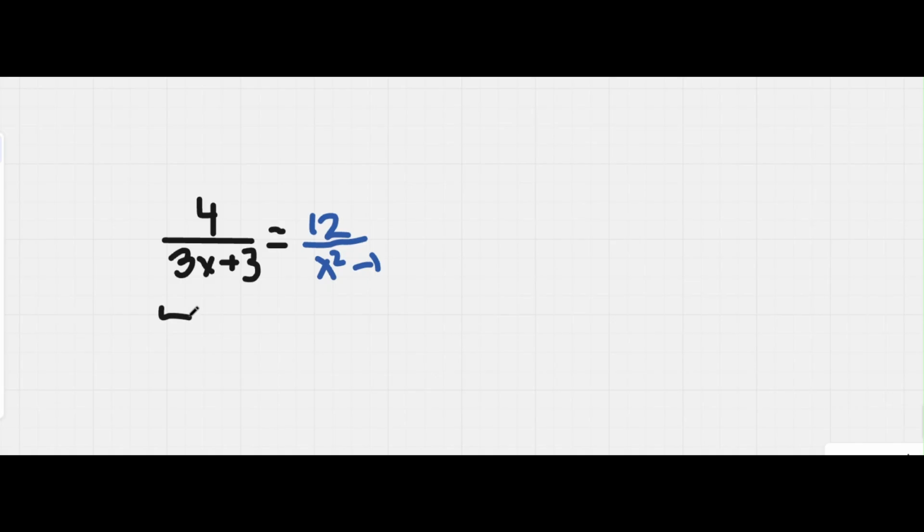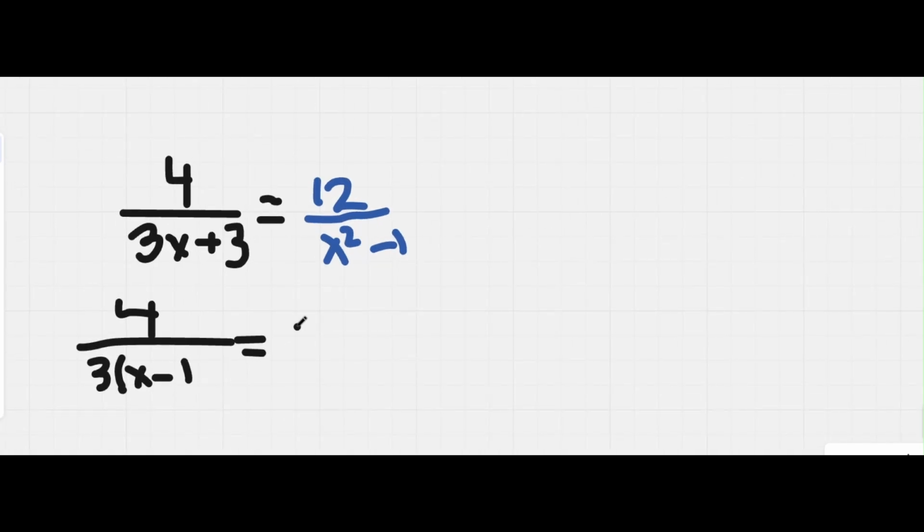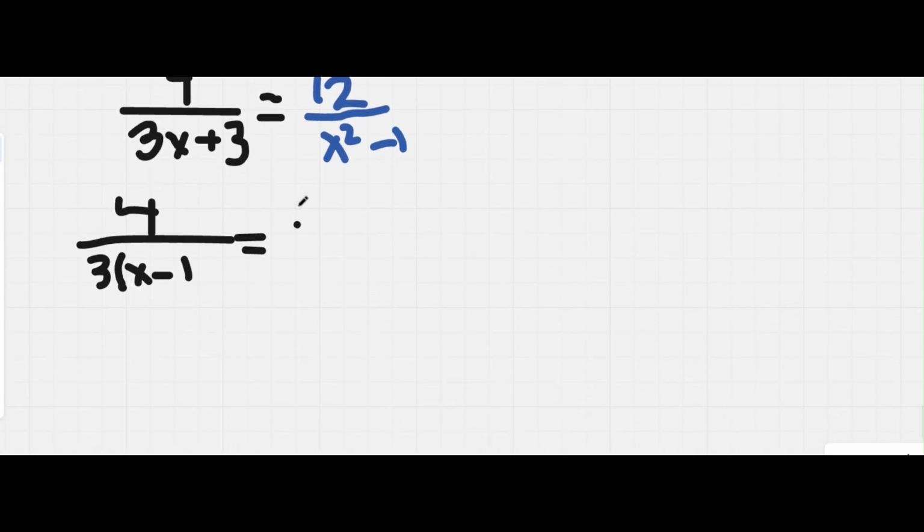So we have 4 over, let's factor 3 out of 3x plus 3, so 3 times x plus 1, equals 12 over, let's not forget our parentheses, x plus 1 times x minus 1.